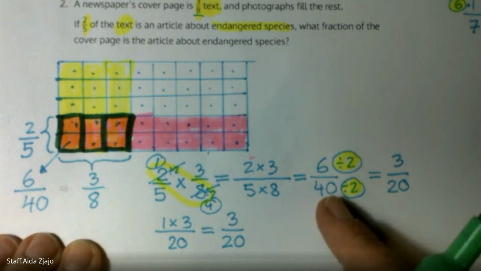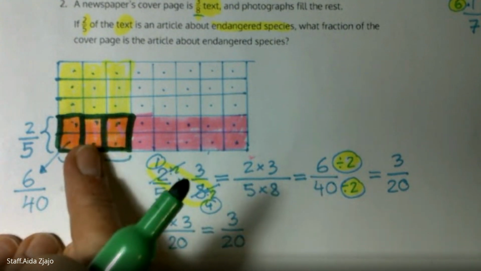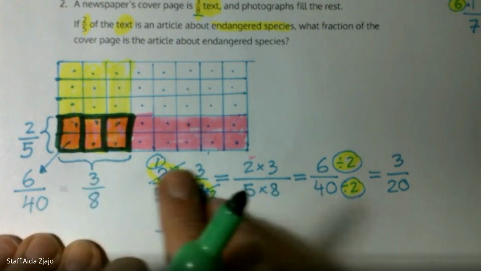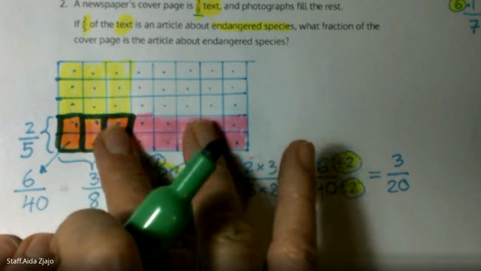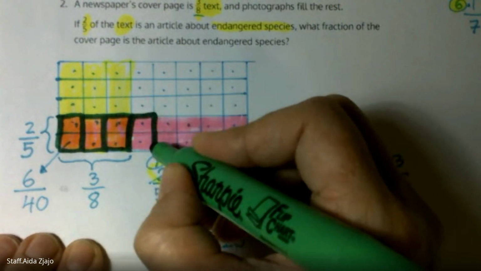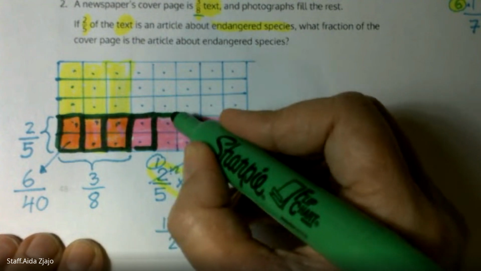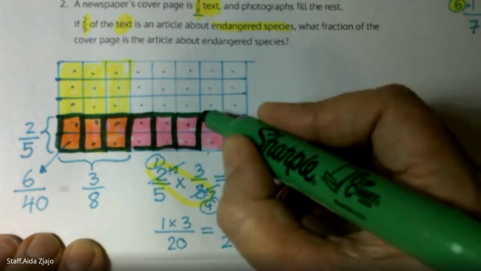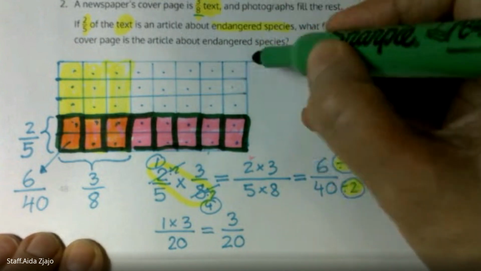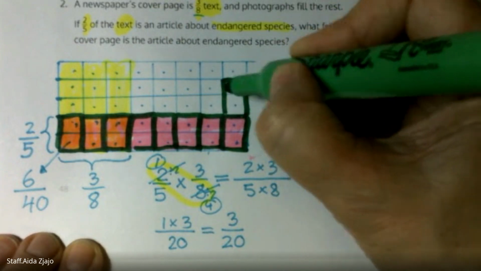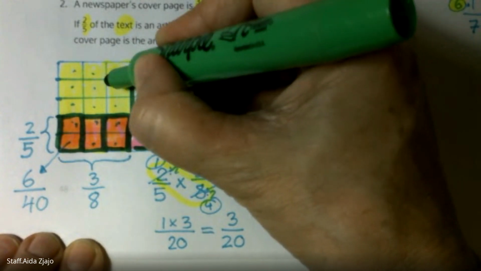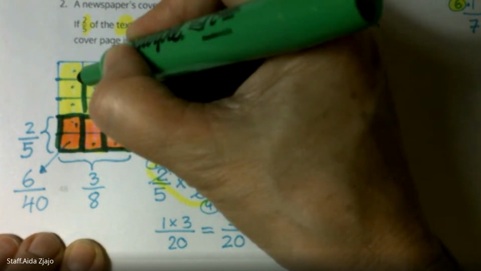But whatever you do to the parts, that is your answer, you have to do to the whole as well. Always do the whole. So how do we prove that 40 of these pieces all of a sudden becomes 20 pieces? By combining. Dividing by 2 means we are combining 2 pieces together. These 2, these 2, these 2, it's going to become 3/20.